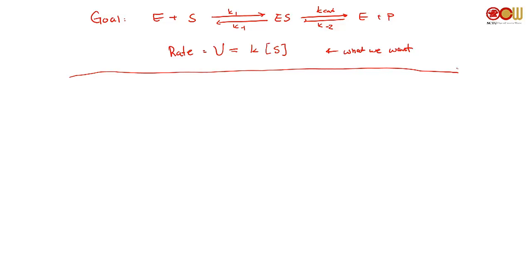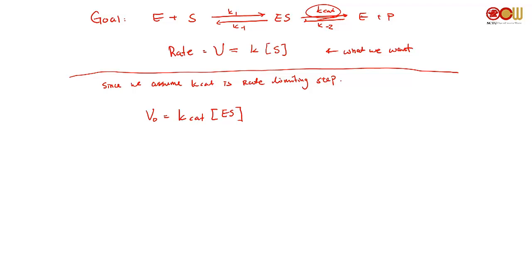We know, just from our assumptions, that k_cat is the rate limiting step. So essentially the rate becomes k_cat times ES. Why is that? Because we know that this is the rate limiting step.